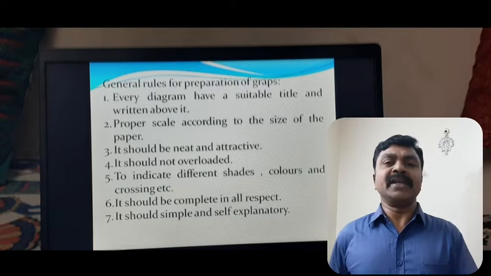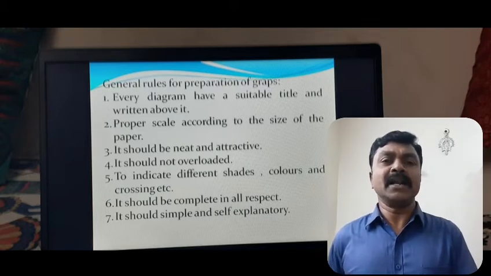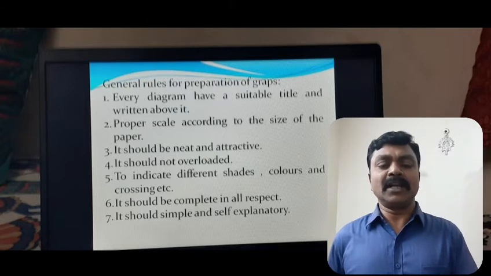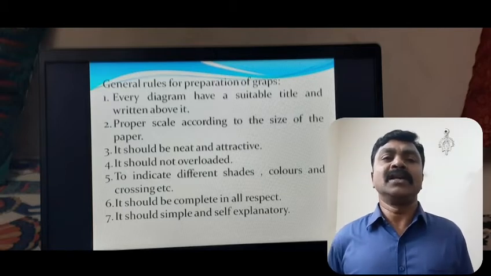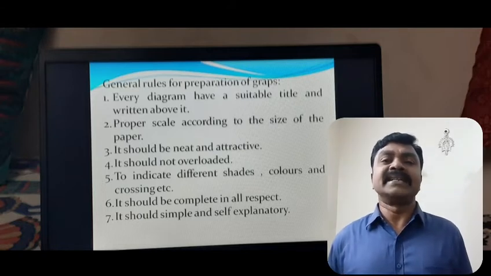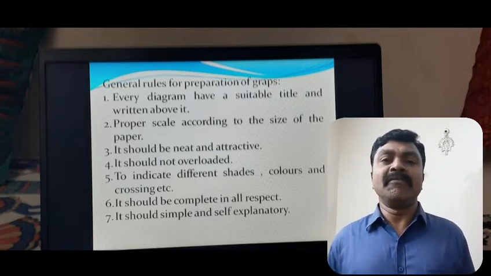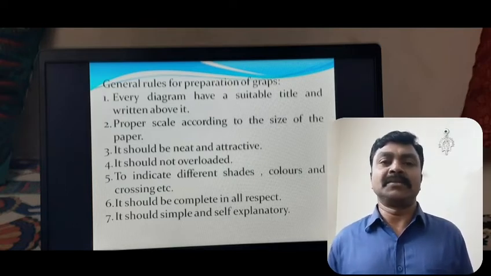Don't leave gaps, and don't misplace information. It must be clear in the graphs. The last one is that it should be simple and self-explanatory. The graph must also be shown in an explanatory form. Each item you are going to discuss in the graphs should be mentioned in the tables earlier.